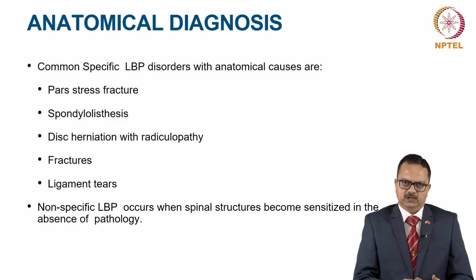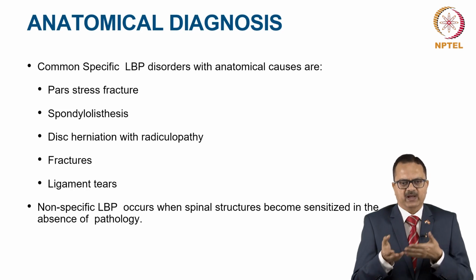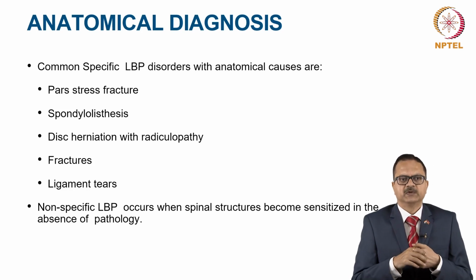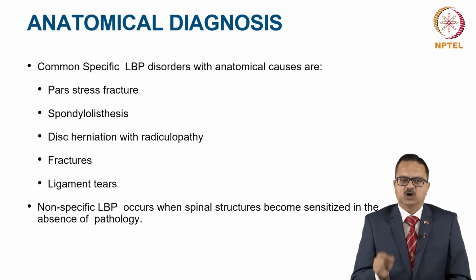However, if there is no anatomical structure damage which can be demonstrated, we say it's a non-specific low back pain because there is no pathology which can be demonstrated. Okay? So either it's a specific low back pain with an anatomical cause or it's a non-specific low back pain without an anatomical cause.